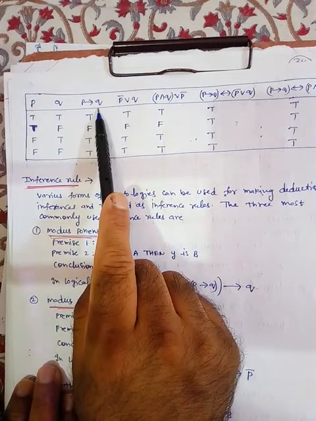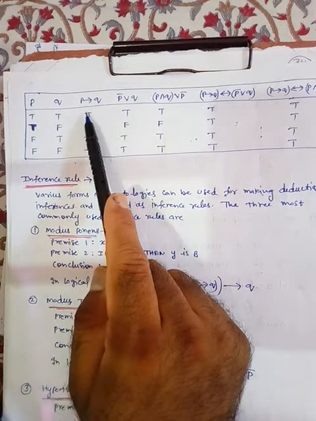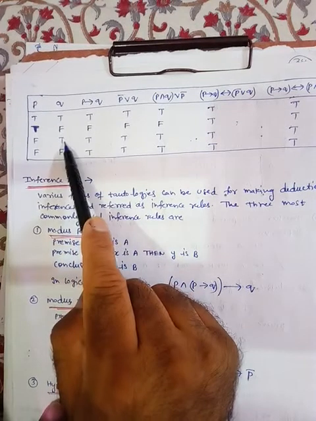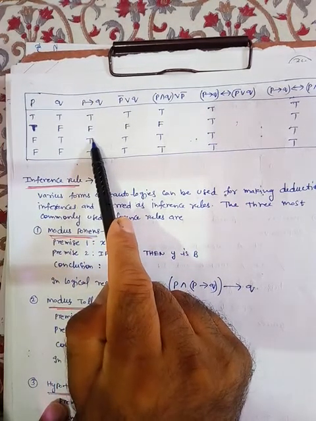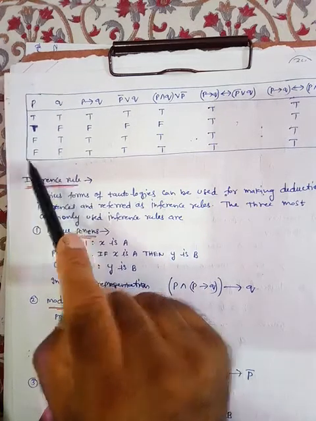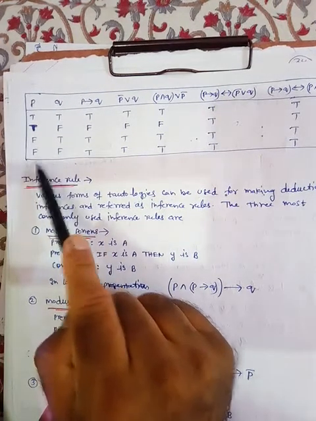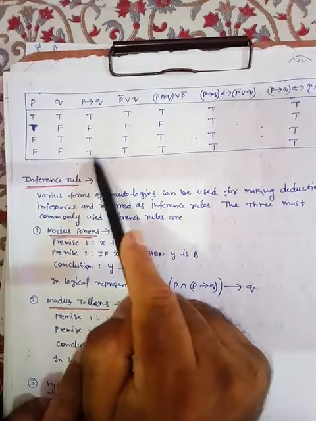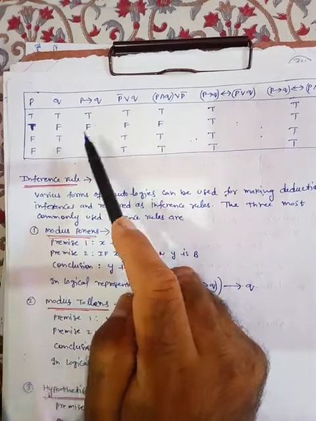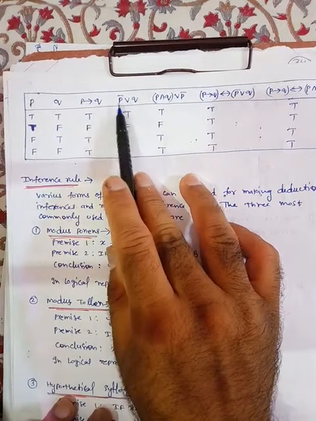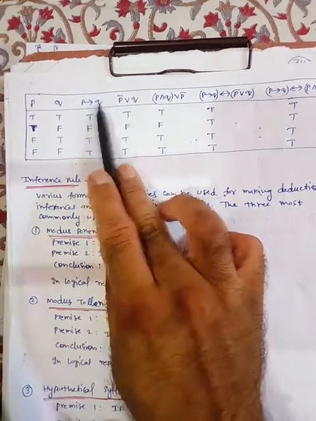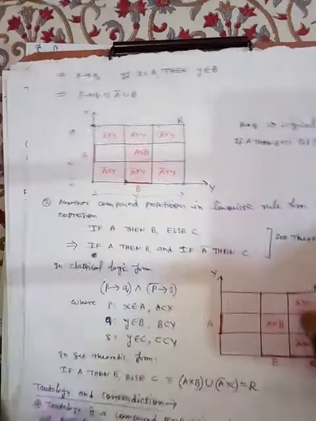P implies Q, maybe P implies Q. This is false, this is true. So the output will be true. Fine. Now false and false, both are false. So that's why this is true. Now P join Q. With the help of classical logic or Lukasiewicz, you can also find out the truth value.